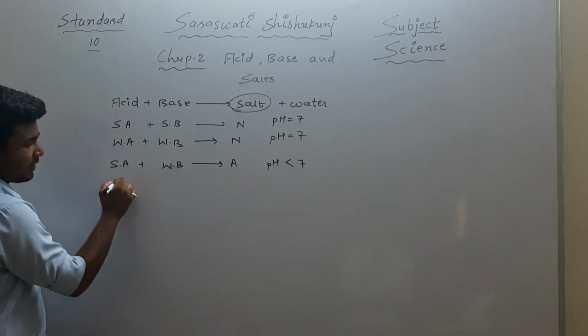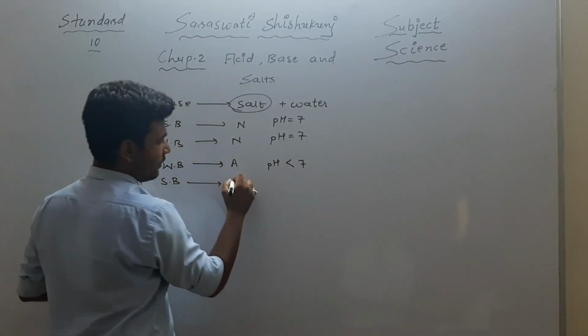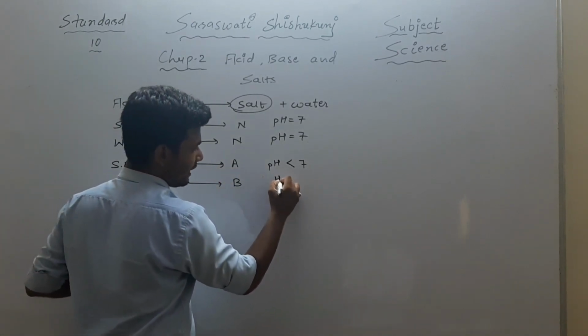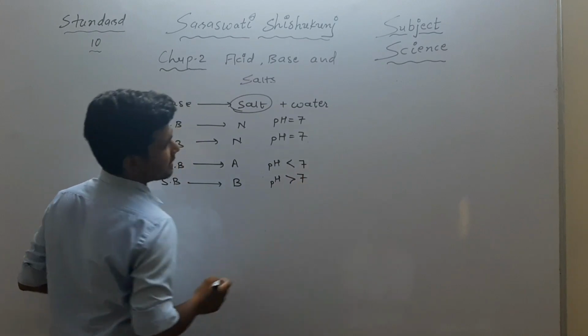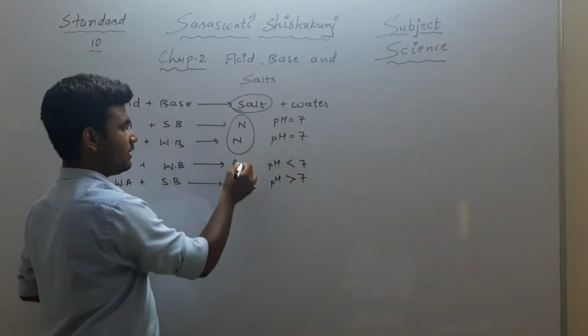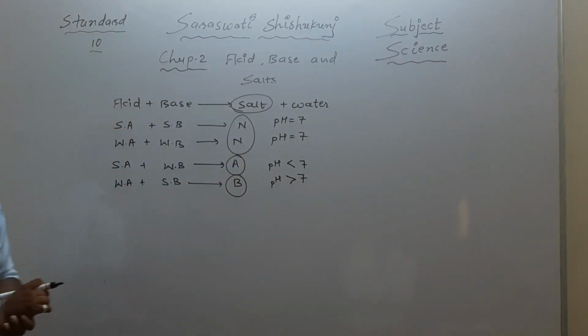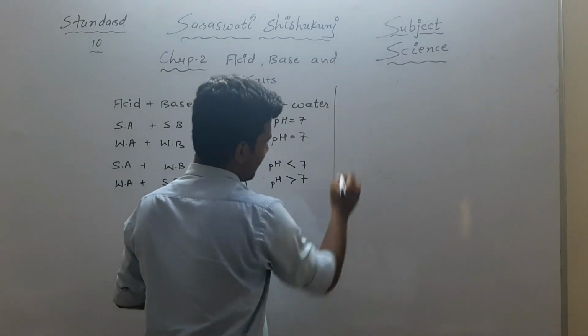And if we have a weak acid and a strong base, it will be basic, and its pH will be greater than 7. So this way salt can be neutral, acidic, or basic. Now let's discuss the common salt.